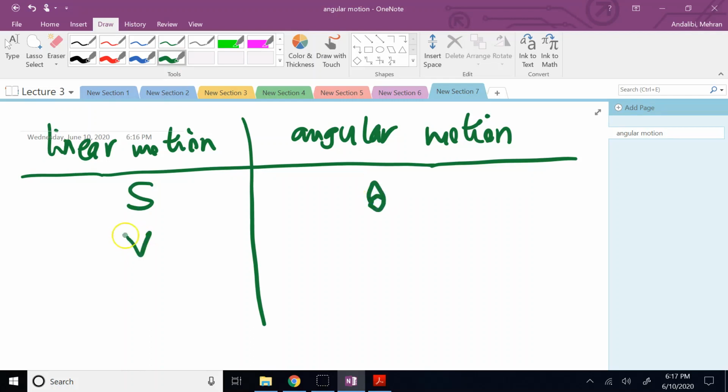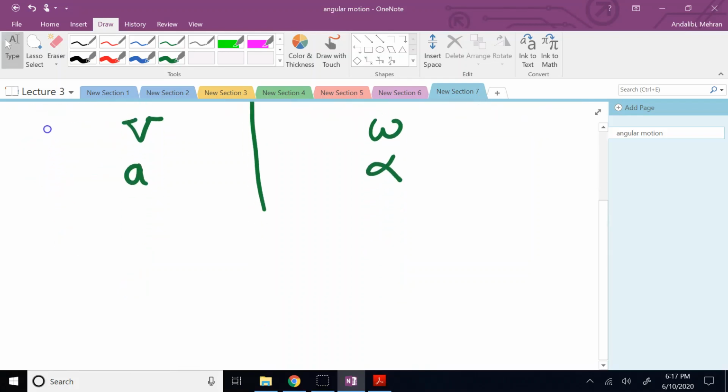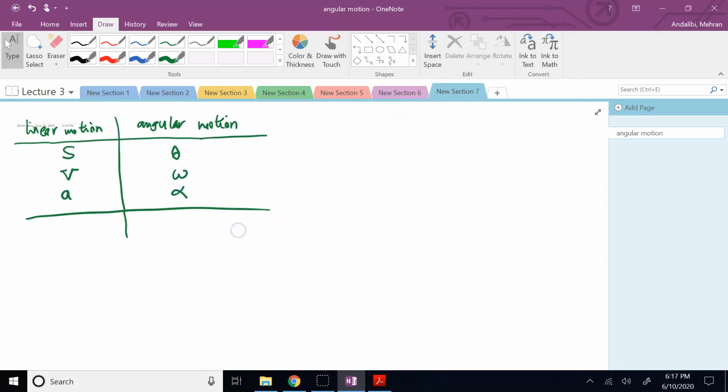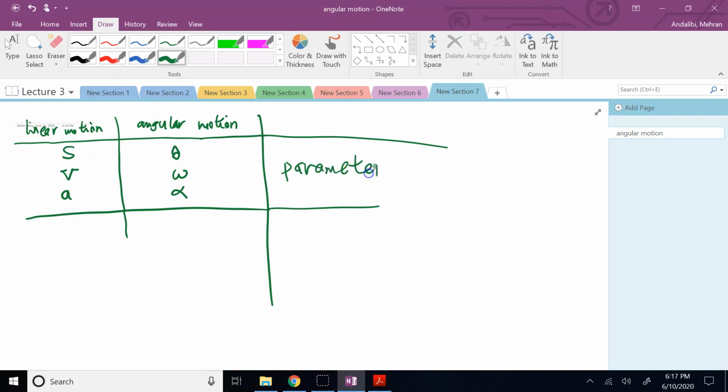If I define v here, here I have omega, and I had a, here I have alpha. Then whatever formulas I had here, I can replace. For example, these are the parameters or quantities.